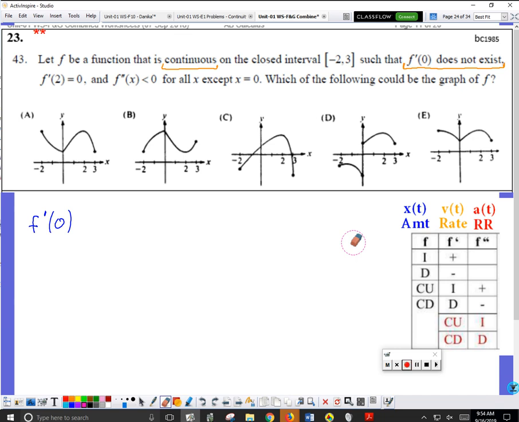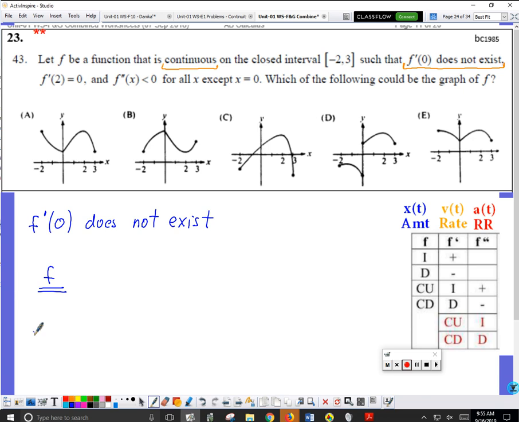The second reason why you can't have a tangent slope on a graph is if the graph has what's known as a corner. Again, we're looking at f. It says f prime of 0 does not exist. That means f has a spot at x equals 0 where you can't find the slope.